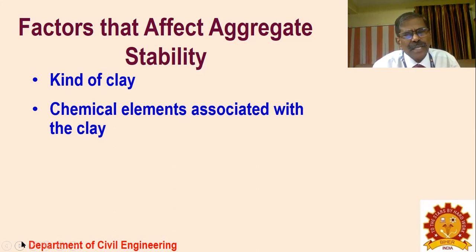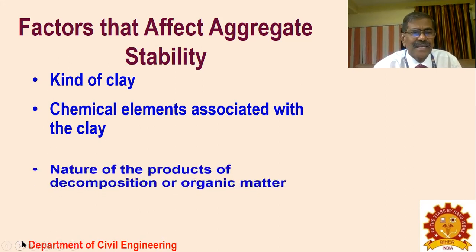So chemical elements associated with the clay also have to be considered when you want to see the stability of the aggregate of the mass. This will affect it seriously, and that is one of the factors in aggregate stability. So the kind of clay is one thing, and the chemical elements associated with the clay are another thing. These all come under the soil structure. So let us go to another area.